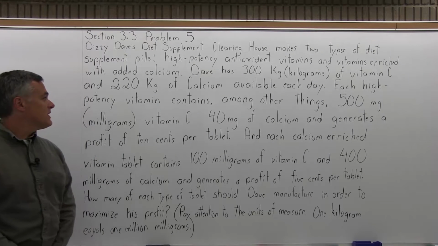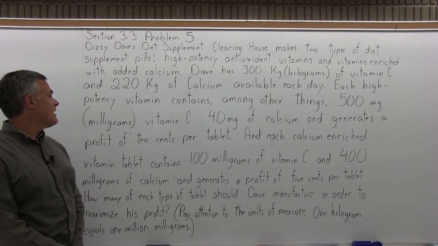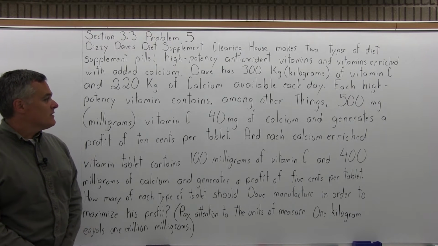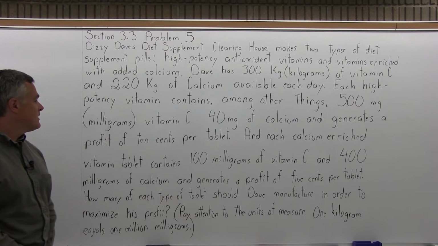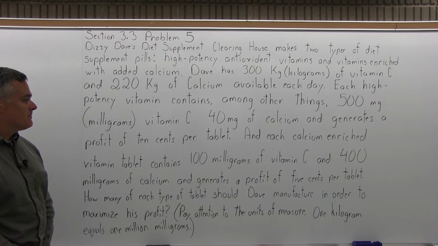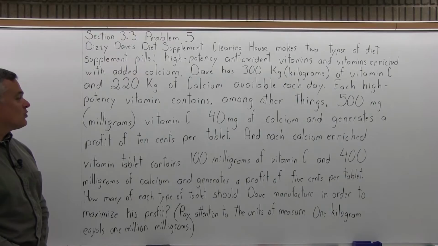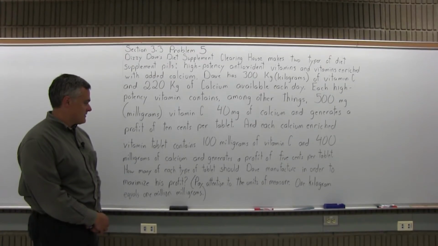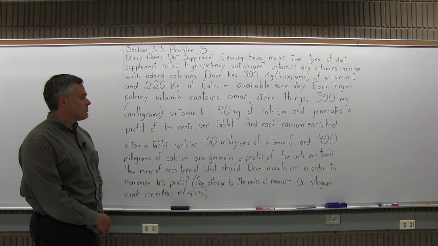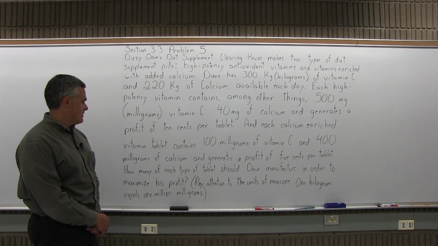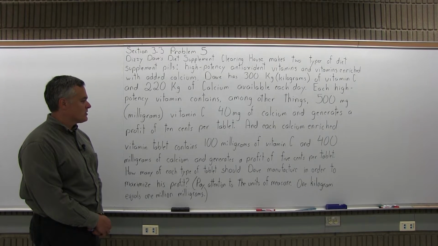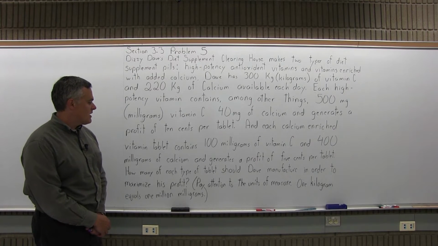Each high-potency vitamin contains, among other things, 500 milligrams of vitamin C and 40 milligrams of calcium and generates a profit of 10 cents per tablet. And each calcium-enriched vitamin tablet contains 100 milligrams of vitamin C and 400 milligrams of calcium and generates a profit of 5 cents per tablet. How many of each type of tablet should Dave manufacture in order to maximize his profit?